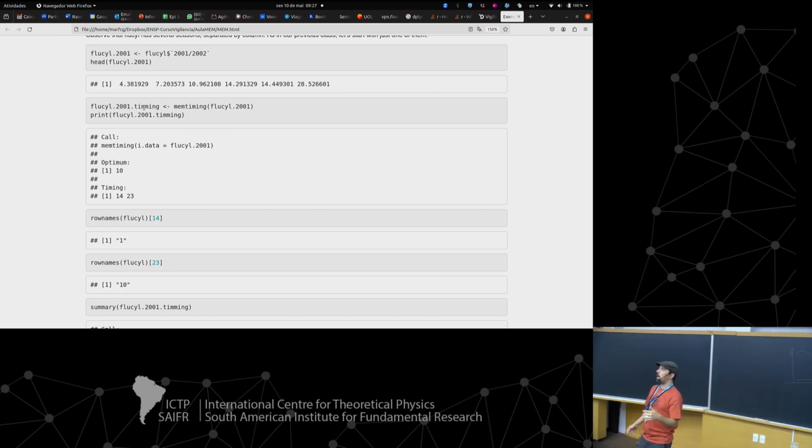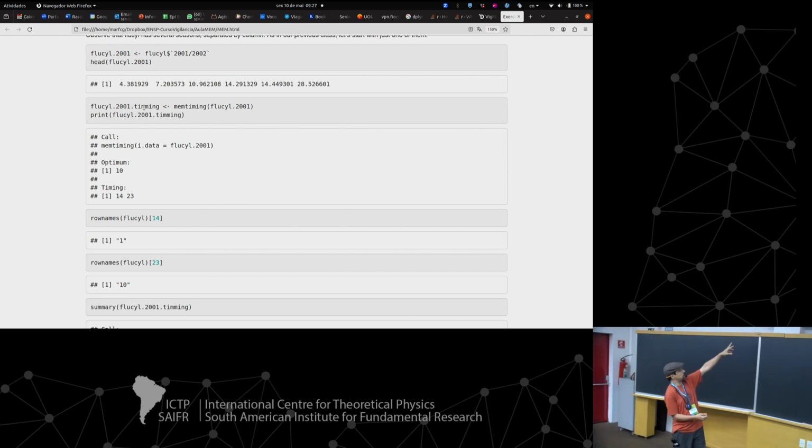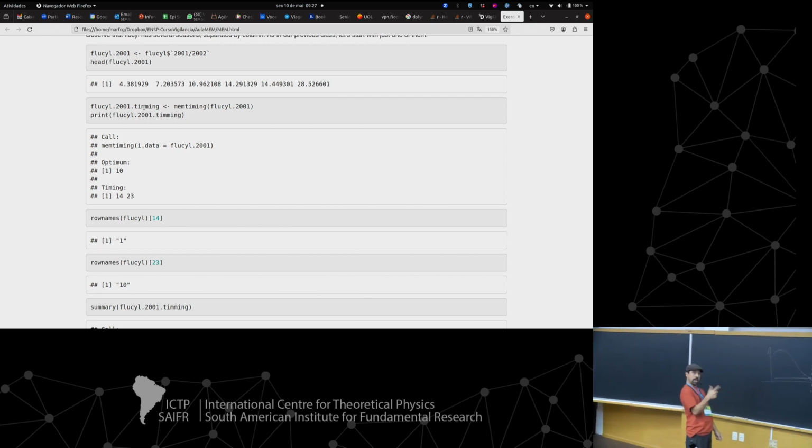In that case, it corresponds to the first week of the year 2002, and row 23 is associated with week 10. So it lasts approximately 10 weeks, from the first week of the year all the way to the 10th week.